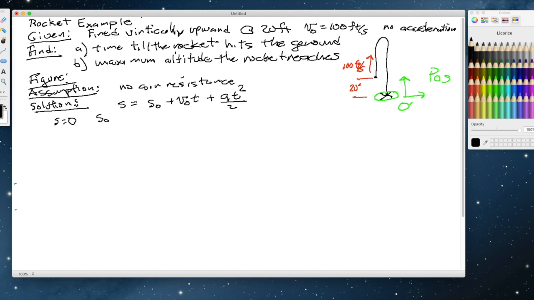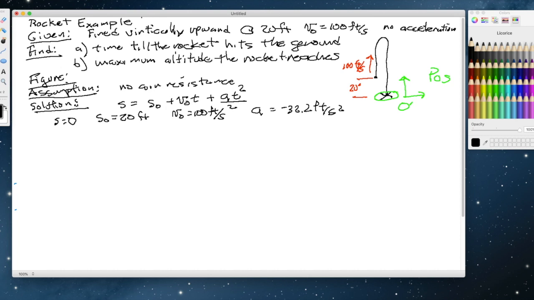S sub 0 will equal 20 feet. V sub 0 will equal 100 feet per second. And the acceleration will equal minus 32.2 feet per second squared.